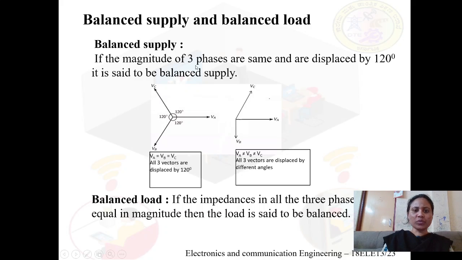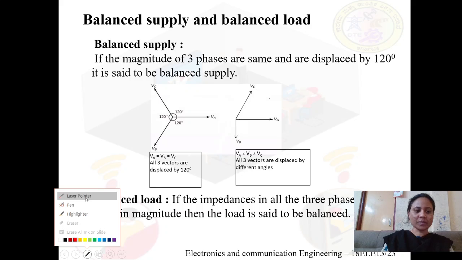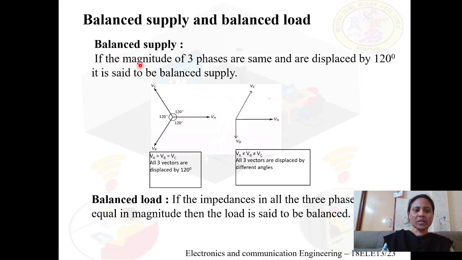If the magnitudes of the three phases are the same and if they are displaced by 120 degrees, then we call it a balanced supply. That is, if the magnitude of voltage of all the three phases are the same and if they are displaced by 120 degrees, then it is called a balanced supply.